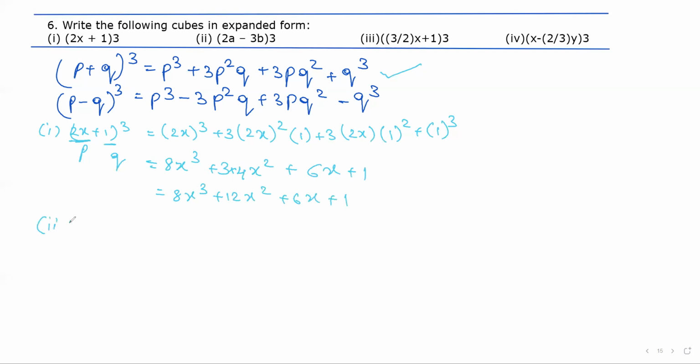Second, 2a minus 3b whole cube. Now this looks something like the second formula because you have a minus term between the two terms.